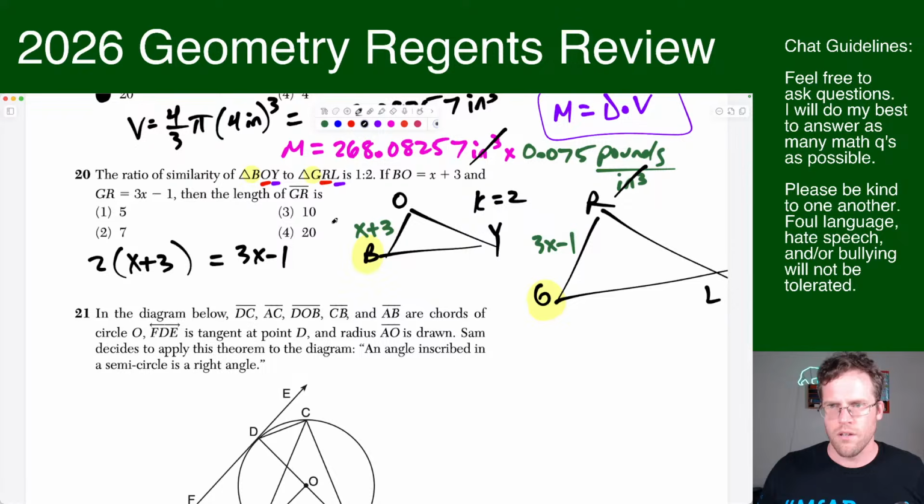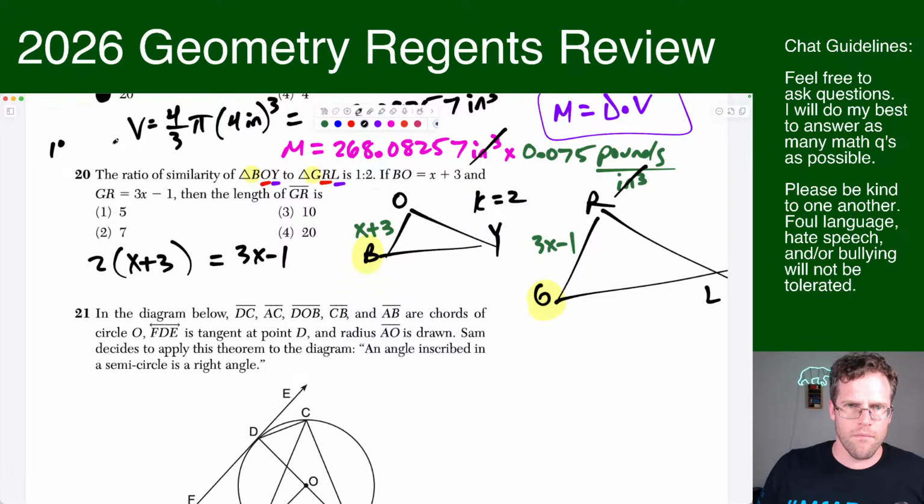A ratio of 1 to 2 just means for every 1 unit we have here, we have double that over here. This notation has the same meaning as 1/2, a 1 to 2 ratio.